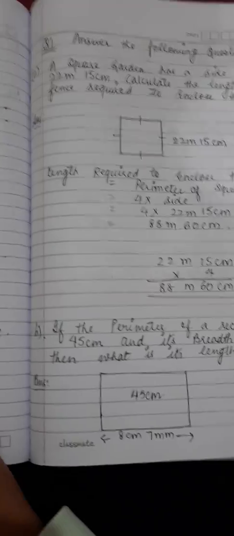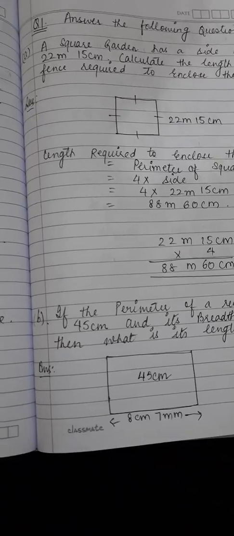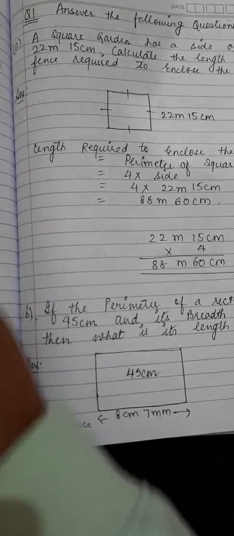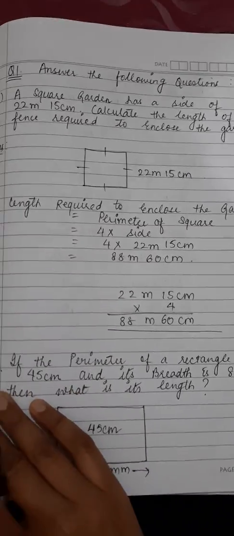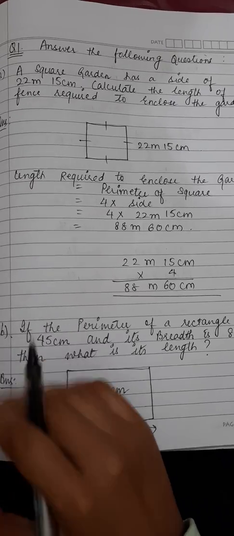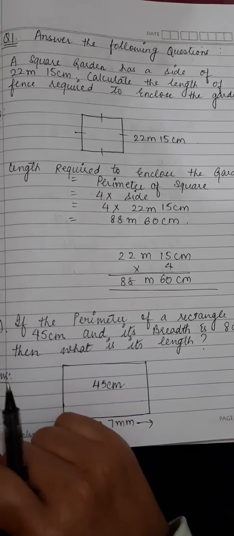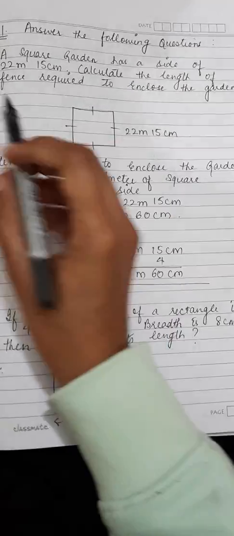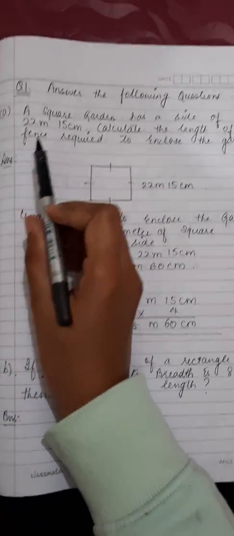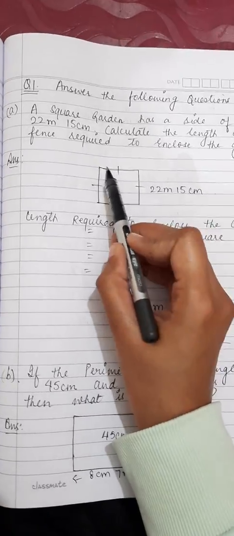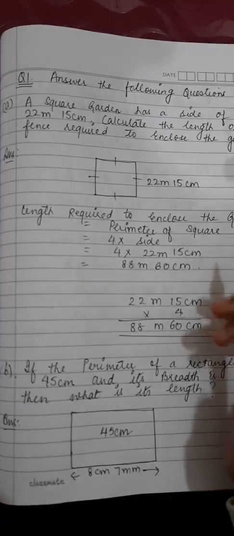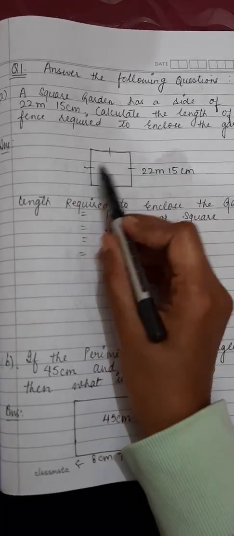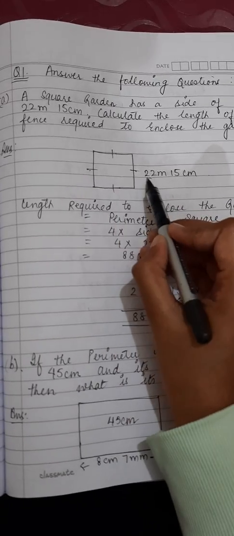This is question number 1, which has the parts of exercise 14.1. Now question number 1 is, a square garden has a side of 22 meters 15 centimeters. Calculate the length of the fence required to enclose the garden. The meaning of this fence means boundary. There is a garden which is of the square shape, and in a square all sides are equal.